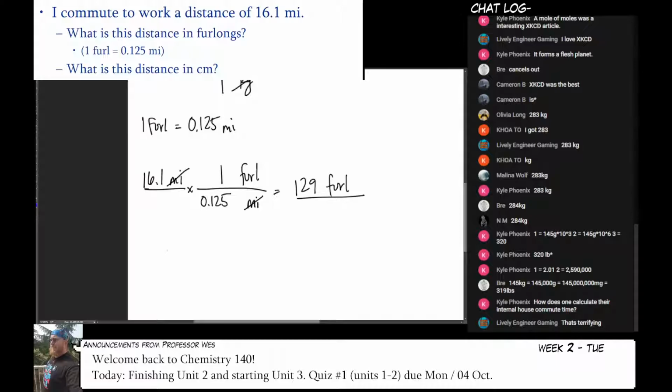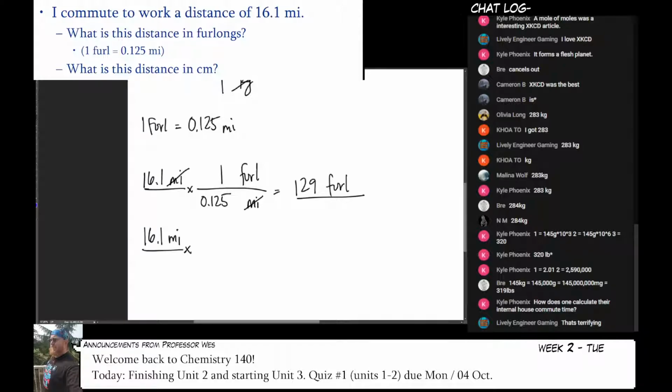All right, and then we'll do this distance in centimeters. Now, I'm going to show you how to do multi-step dimensional analysis next week on Monday. But for now, if you went to Google and you said, how many centimeters are in a mile?